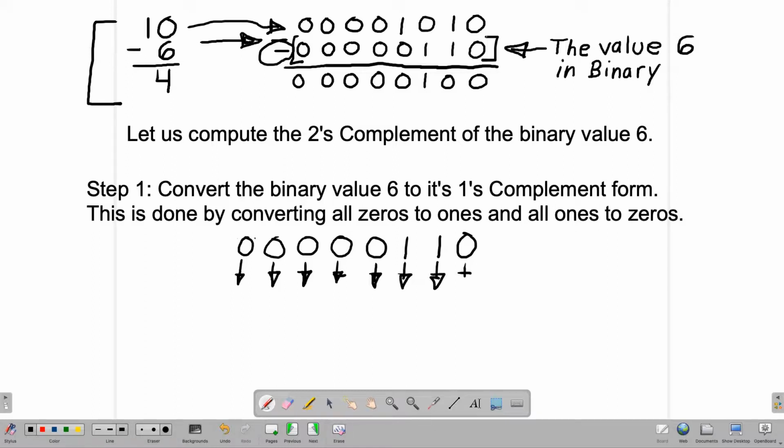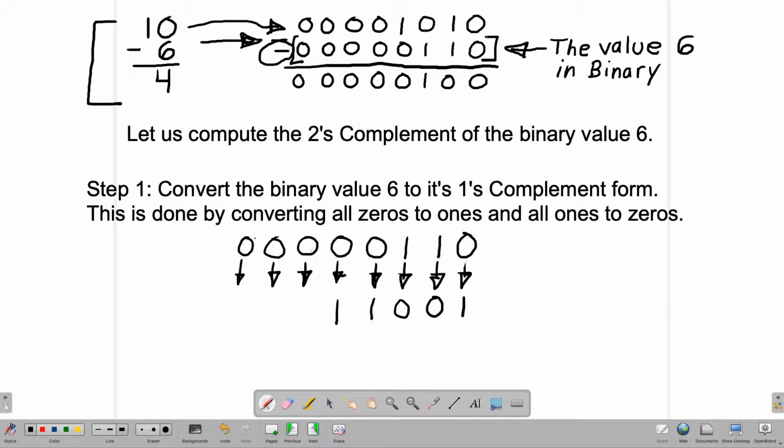So we have the value 0. We said that if it's a 0, you convert it to 1. We have the value 1, and the opposite of 1 would be 0. So we have a 1, it becomes 0. We have a 0, it becomes 1. We have another 0, it becomes 1.